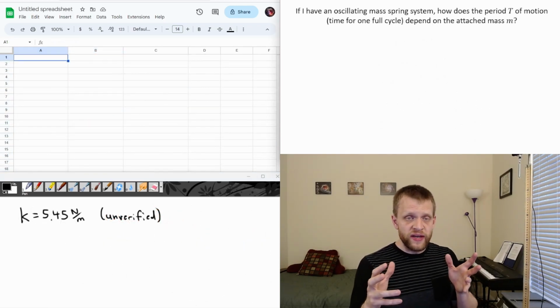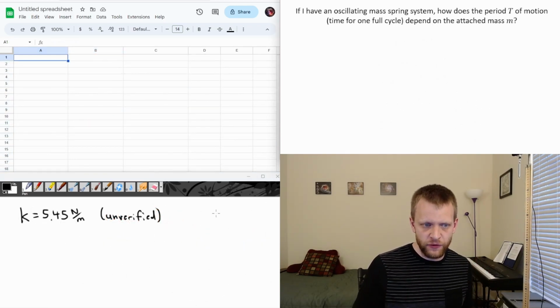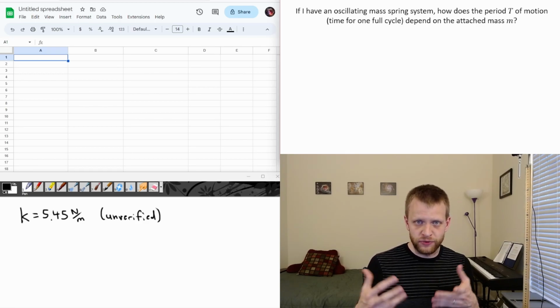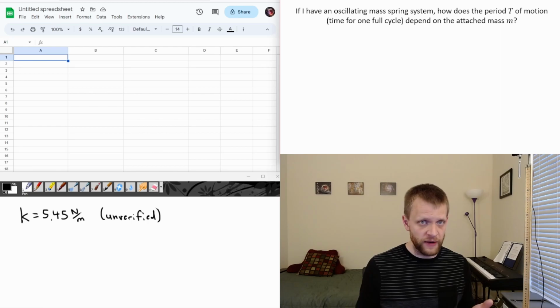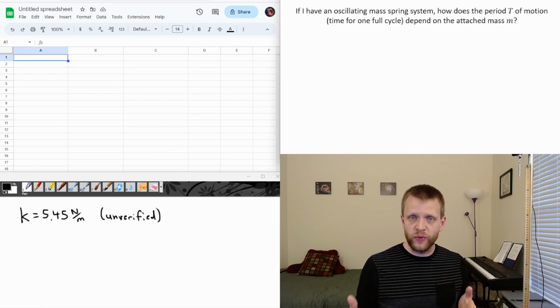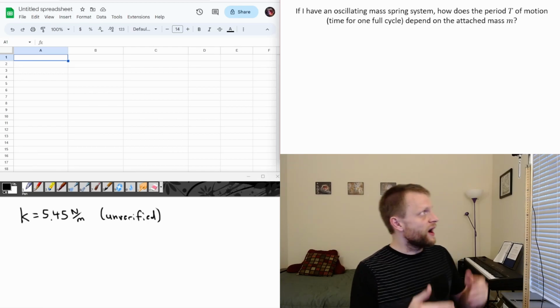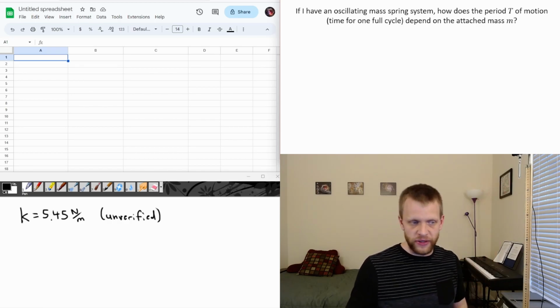Again, we have this tentative value for the spring constant of 5.45, but we haven't been able to check our work at all. We haven't been able to verify this. So what we're going to do is another kind of experiment where I have an oscillating mass spring system.